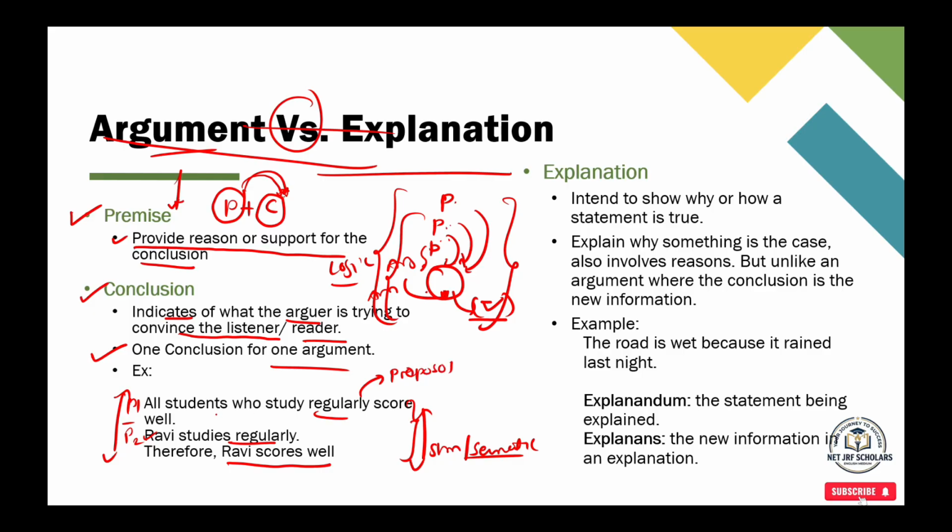It means you don't know whether Ravi studies regularly, but you presume that it is true. As a result, you give the conclusion: Ravi scores well. So that is what a proposition is. You presume or judge it to be true, and the structure follows and the argument stands. Two premises combined give the conclusion that Ravi scores well.